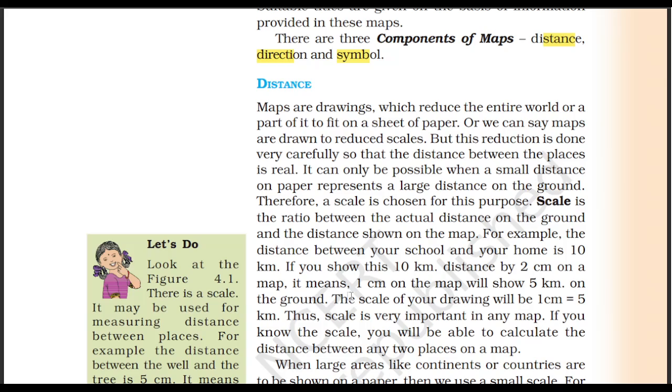Means, as per the illustration given by this book, when 10 kilometer of real ground is represented on the map by 2 centimeter, means 1 centimeter is equal to 5 kilometer, by which we can calculate other distances also.